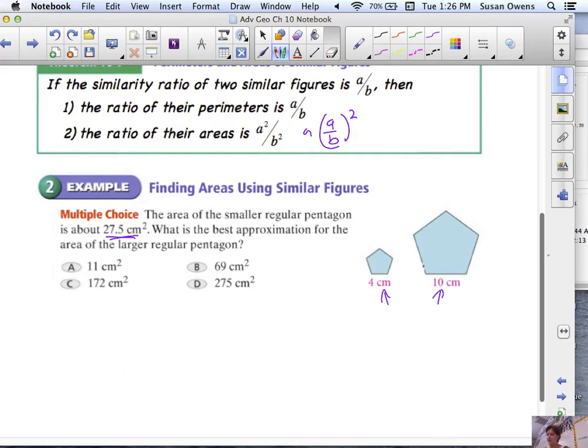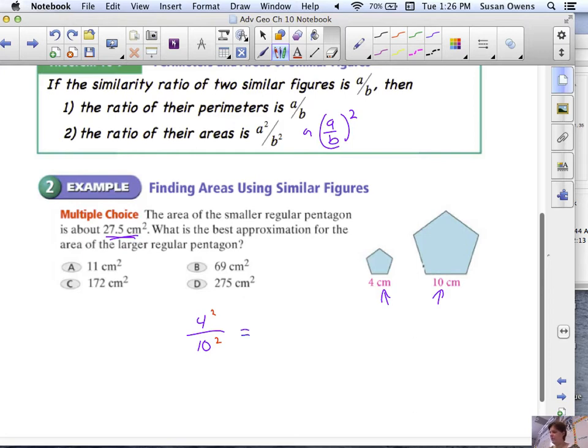We cannot just throw those in a ratio and use them because the side lengths are a one-dimensional comparison, the areas are two-dimensional. But what we can do is we can say, well, the side lengths are 4 over 10. So that would be the scale factor because they're a one-dimensional comparison. If I want to get to the area, what I have to do is I have to square both of these. And this would be a comparison of the area of the two objects.